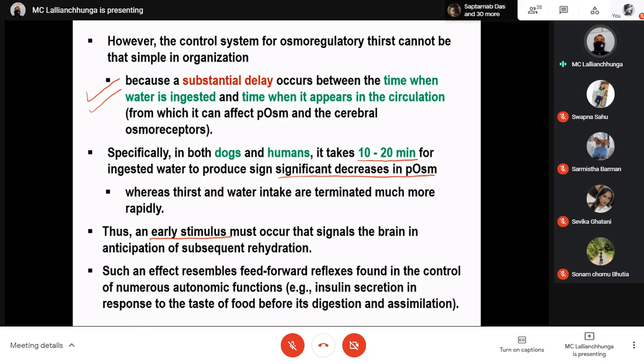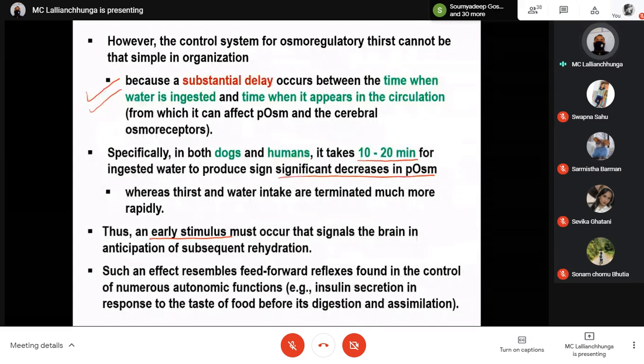When you just taste the food, even insulin from the pancreas will be stimulated. Somewhat like that, in thirst satiation also, there are some neuronal circuits which will signal the brain to suppress the thirst center, that we'll see.